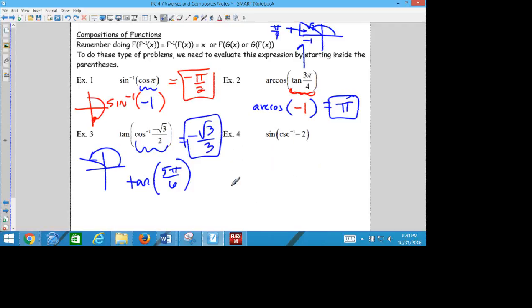You see how this can get confusing? Then we've got cosecant inverse of negative 2. So where is sine negative 1/2? Sine is negative 1/2 at negative pi over 6. And then we have to find the sine at negative pi over 6.